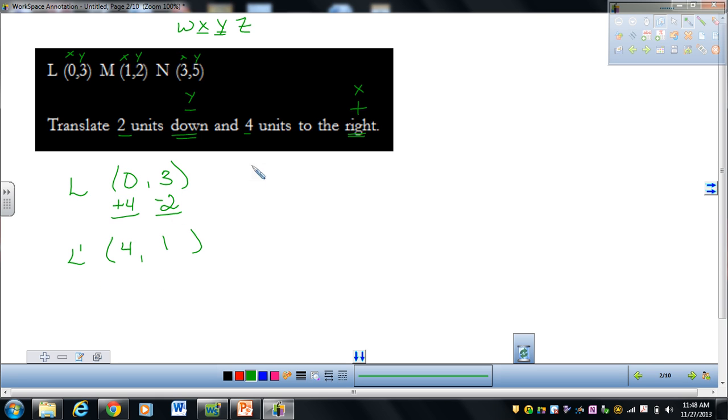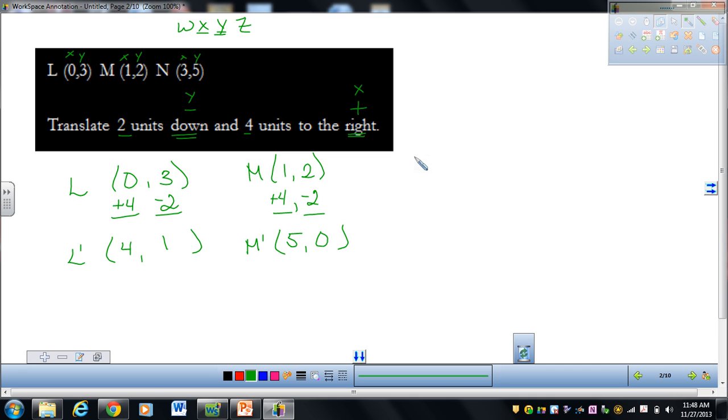I do that with all of them. So I can take M, which is 1, 2, and I can add 4, because that's what it told me to do here. And I can do 2 down, subtract 2 from the Y, do my operations. And I've got 1 plus 4 equals 5, and 2 minus 2 equals 0.